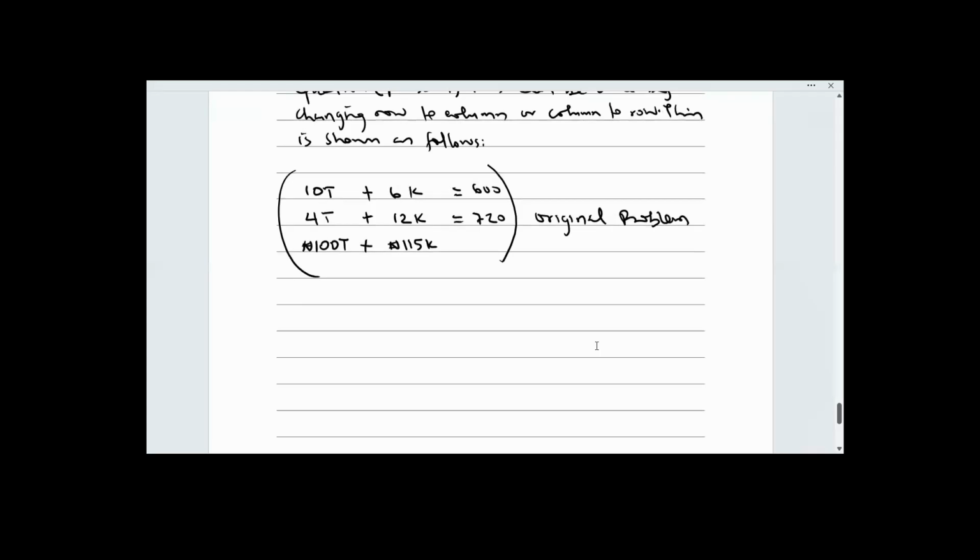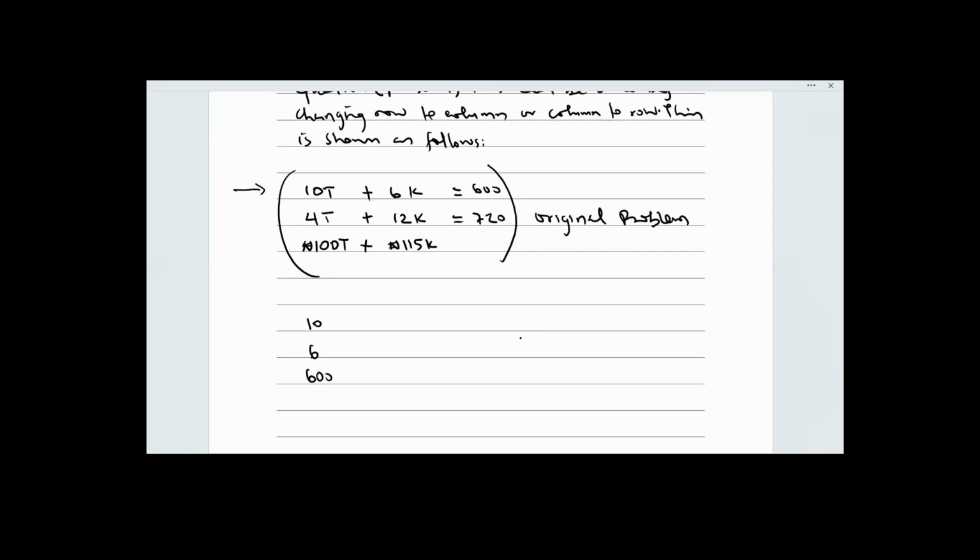Now, when you want to find the dual, all you need to do is to change row to column. Therefore, the first row, 10t plus 6k equal to 600, I want to change it to column. Therefore, I can then say 10, 6, 600. I've changed the first row to column.